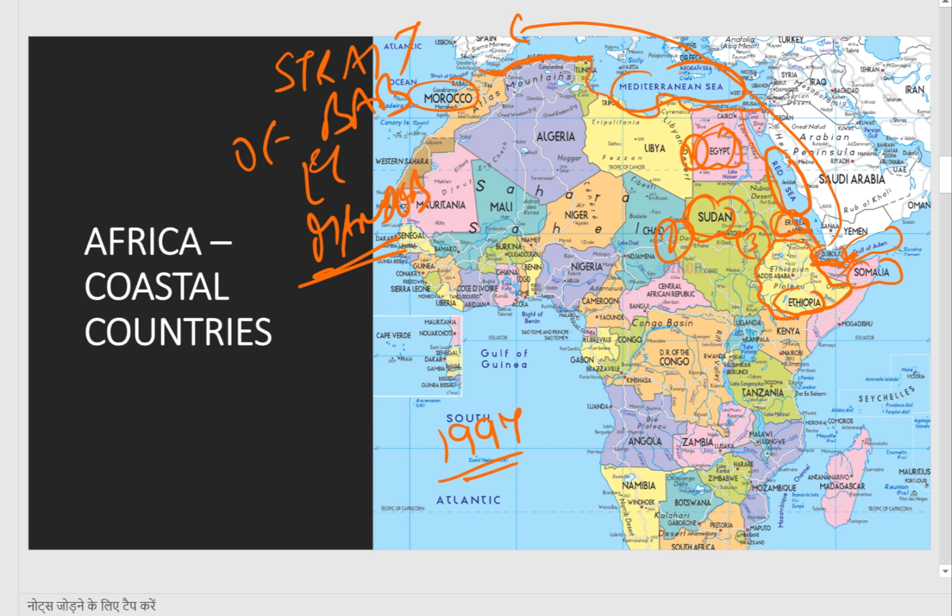So I repeat, there are 5 countries having a coast upon Mediterranean Sea. First, Morocco, second, Algeria, third, Tunisia, fourth, Libya, and fifth, Egypt. So Egypt is the only country having a coastline both upon Red Sea as well as Mediterranean Sea. So please remember this point. It's a meticulous observation. UPSC might ask question from this topic.